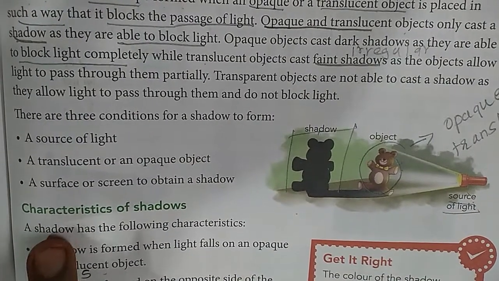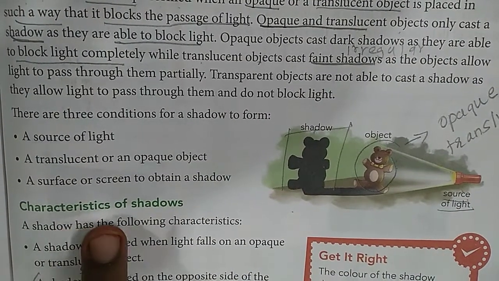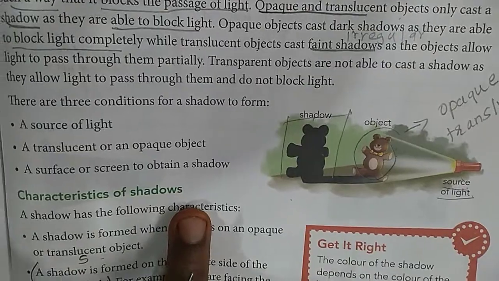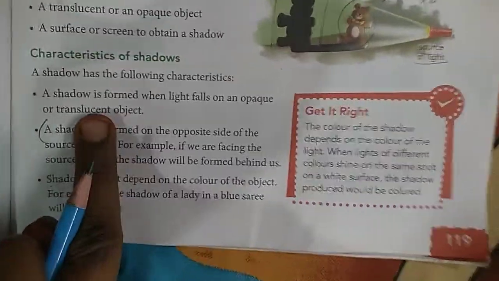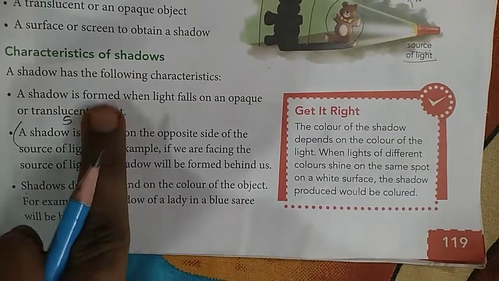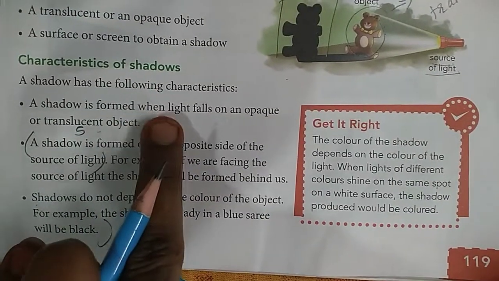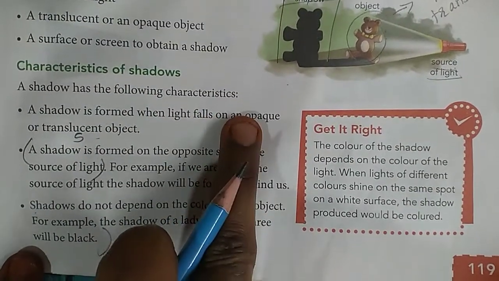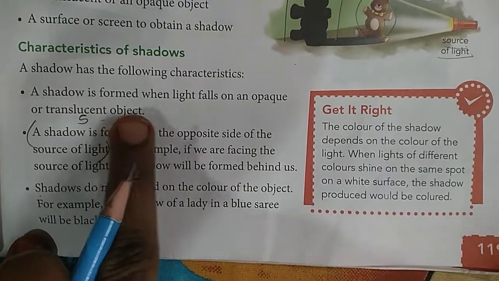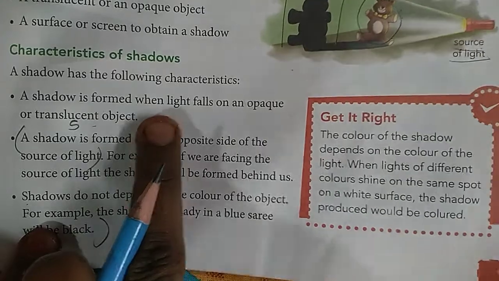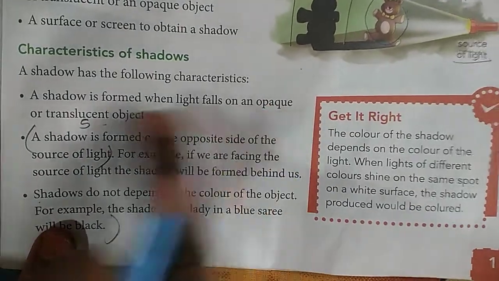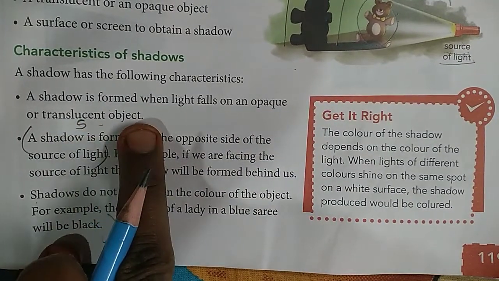Next, what are all the characteristics of shadows? First one, a shadow is formed only when light falls on an opaque or translucent object.